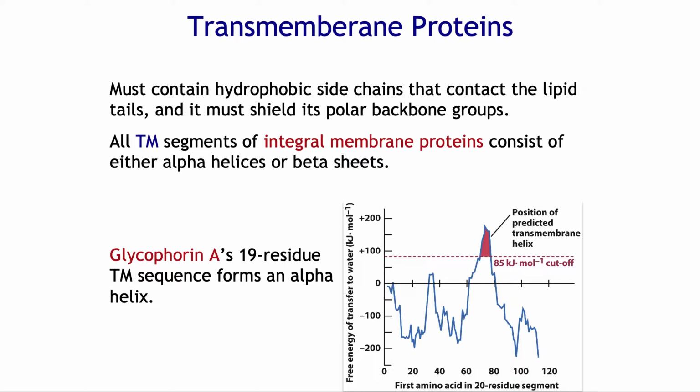So they were determined experimentally by measuring the free energy change, or delta G, that might be associated with transferring amino acids from water or from a non-polar solvent into water.